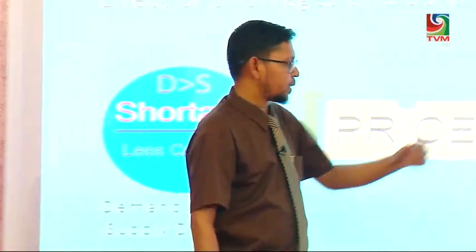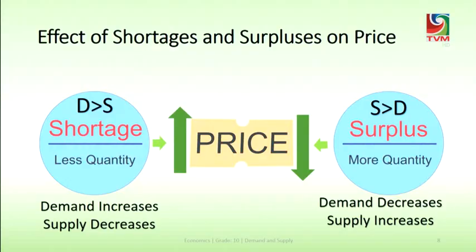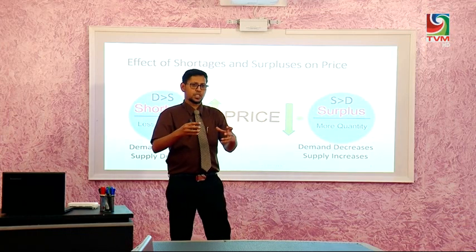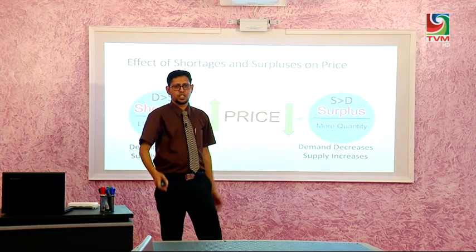On the surplus side, surplus occurs when supply is more but demand is less, which means there are more quantity of goods and services. People need an amount of quantity of goods and services, but there are more of goods and services.